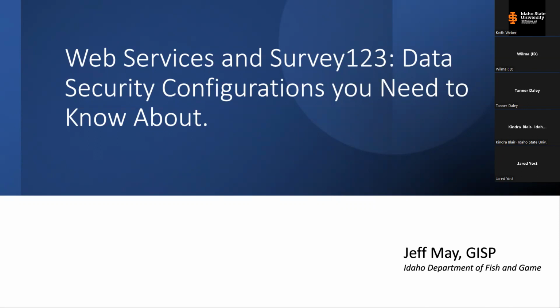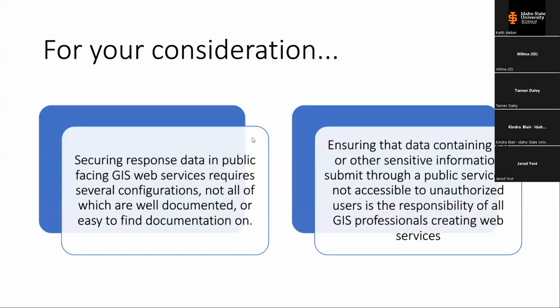So the talk today is web services and Survey123: data security configurations you need to know about. Consider these two items. Securing response data and public-facing GIS web services require several configurations, not all of which are well documented or easy to find documentation on.